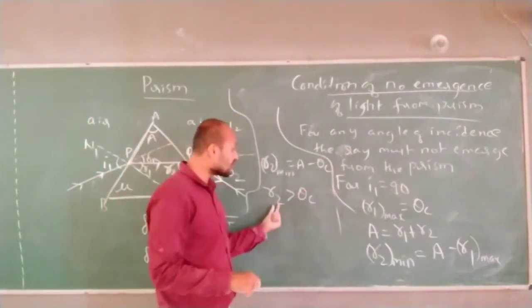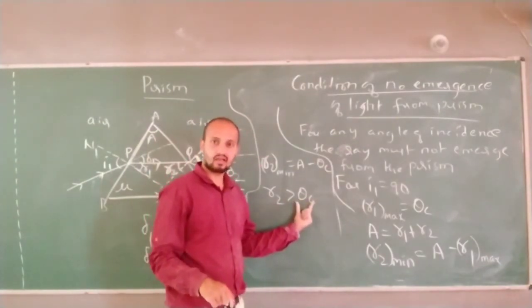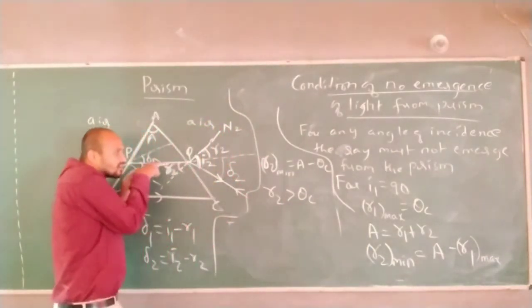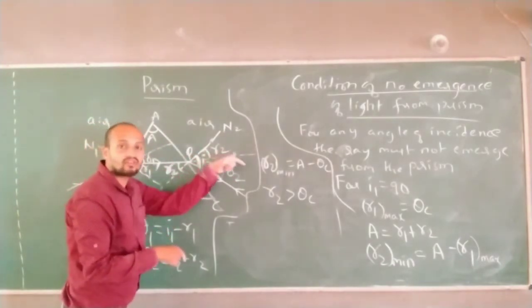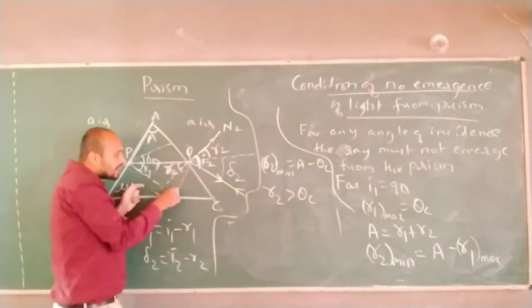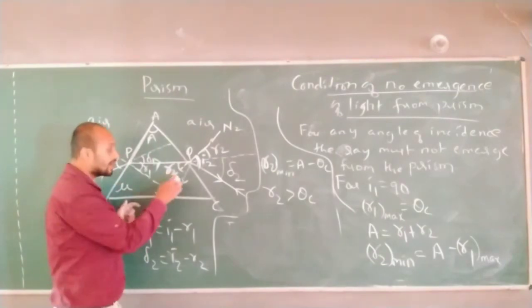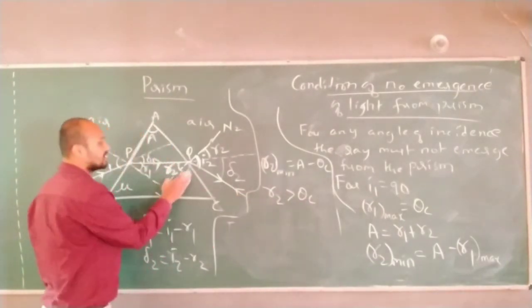If R2 is greater than theta c, then this ray will not go out from the surface AC. This ray will get reflected somewhere here. That happens when R2 is greater than theta c.